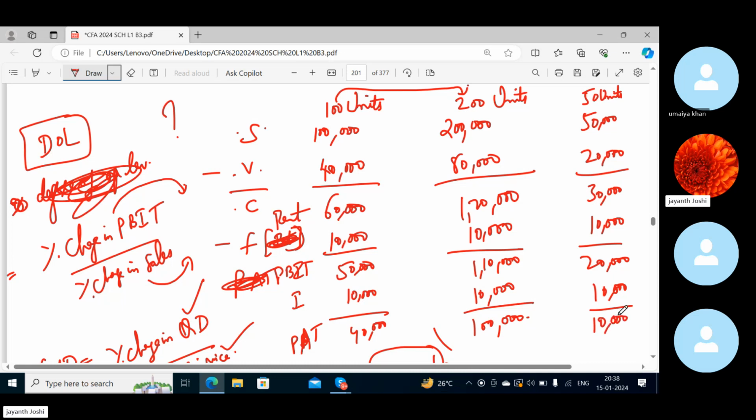What are you observing right now? The advantage of the fixed cost was only possible to be taken when the number of units doubled, or the activity level doubled. But when the activity level has halved, can you take the advantage of this fixed cost to the maximum extent? No, because your profit after tax is very less right now.